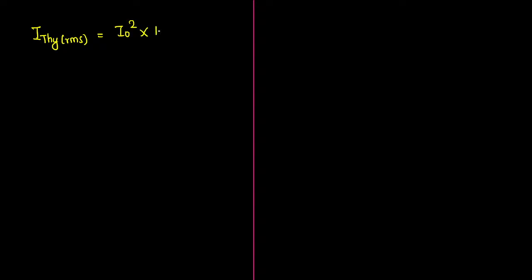Into the thyristor time period over the overall time period, and you must keep all these parameters under root. Now if you cancel it, degree will get cancelled, 3 times. Then I naught square you can take it out. It will become root of output RMS current squared divided by 3.